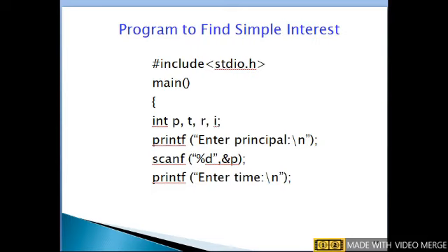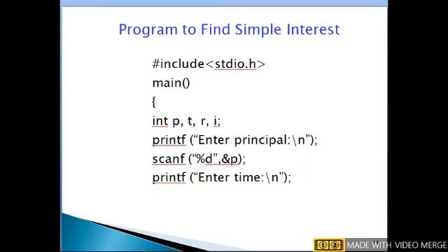Then int, the integer data type, declaring p, t, r, i. In this instruction, we are declaring four integer variables: P for principal, T for time, R for rate of interest, I for interest.